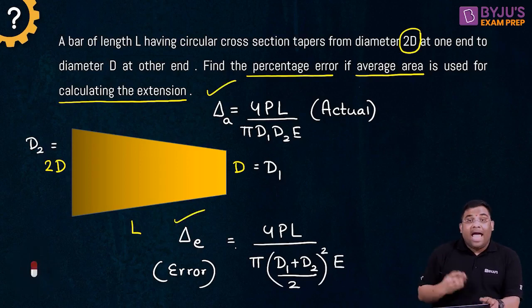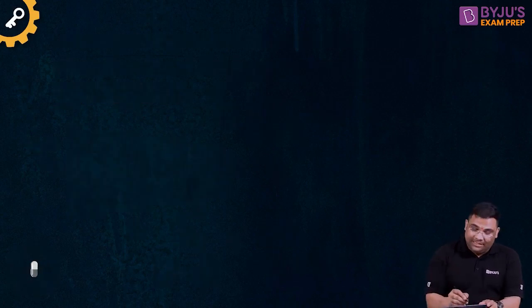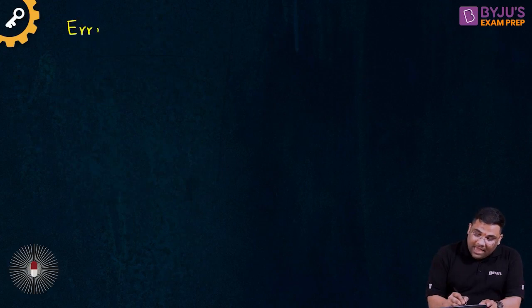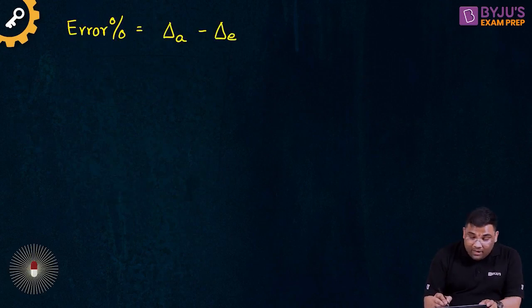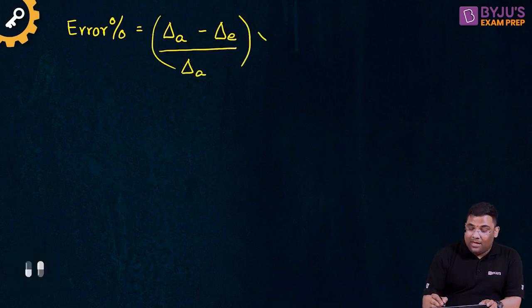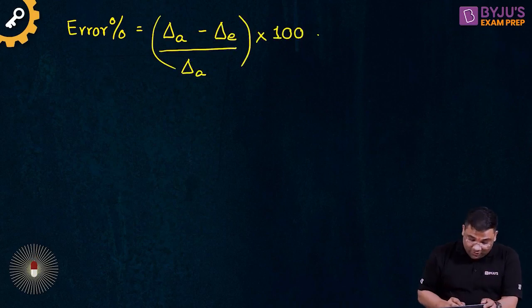So what is the error percentage? That's very easy, right? We know that error percentage will be the actual deformation minus the error one, divided by the actual one, into 100. Now I will derive the generalized expression, and you can see how fast we can solve questions.